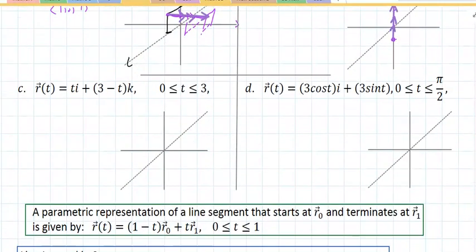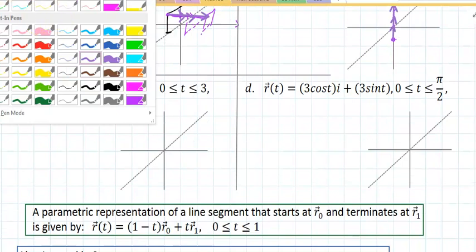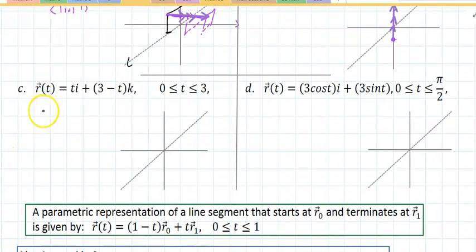And if I went to that example right there, I'll notice there are a couple of things going on. So this is t, 0, and 3 minus t. Well, at 0, I am at 0, 0, 3, right? That's r of 0. Maybe I should do it this way, that's better, more efficient.